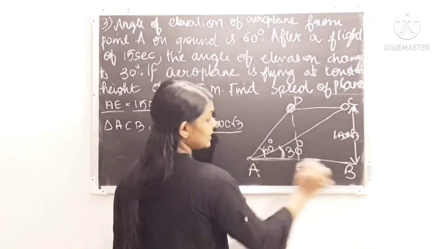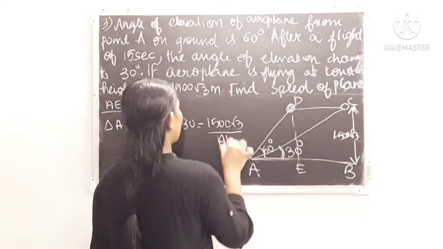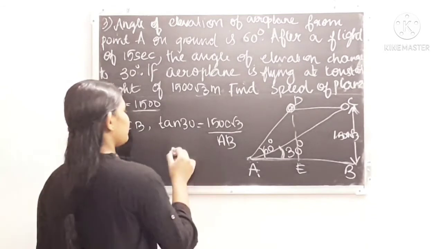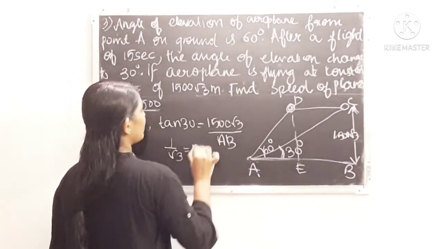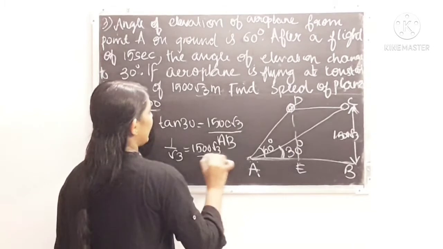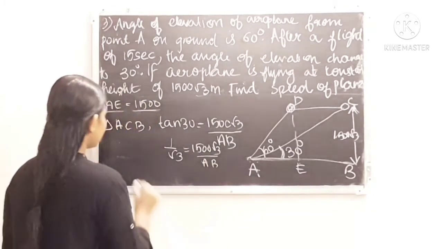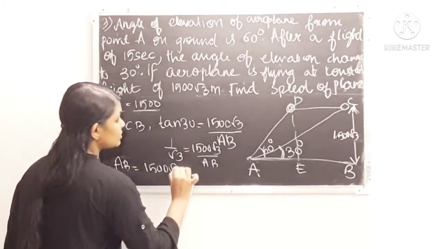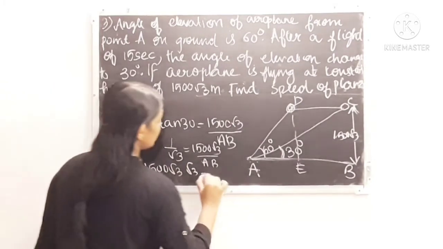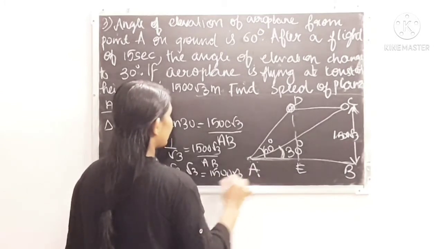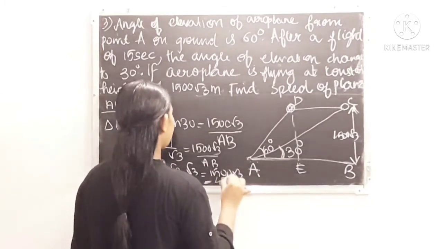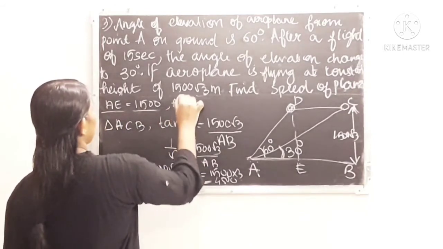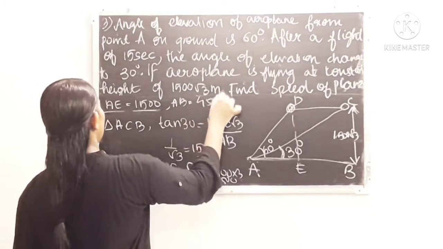What is the value of tan 30? Tan 30 is equal to 1 by root 3. So 1 by root 3 is equal to 1500 root 3 by AB. Now we can cross multiply and say that AB will be equal to 1500 into root 3 into root 3, which is 1500 into 3, and that is equal to 4500 meters.